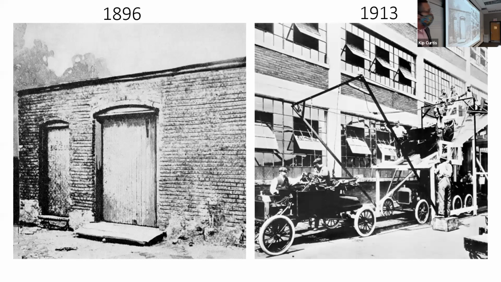We'll just look at his own trajectory. So Henry Ford, when he first started, when he made his first demonstration Model T, he made it in that shed, and it took him months and months and months to put it together. By the early 20th century, he was churning out hundreds of them a day, right?